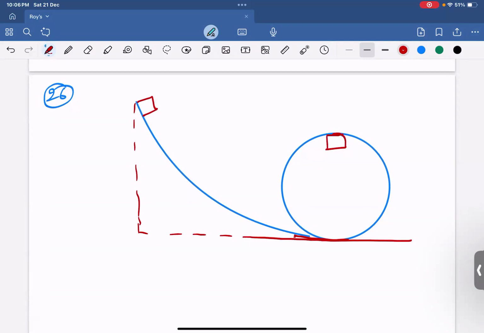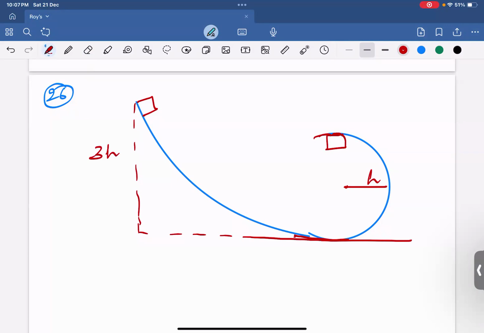Okay, it is here. So this part is not there. So at this point, they're asking what is the normal reaction. This part has a radius equal to h, and this part has 3h.